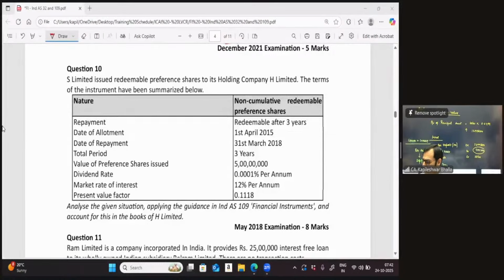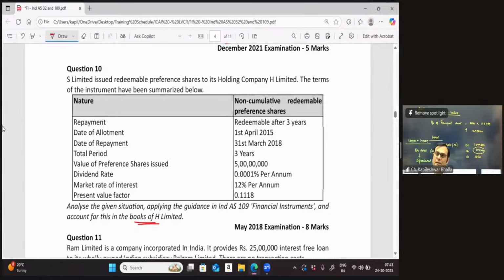First thing, as usual, I read the requirement of the question. I always tell people the best idea is to first read the requirement. It gives you a good idea what to do, because the focus would then be based on what is to be done. Analyze the given situations, applying the guidance in 109, and account for this in the books of H Limited.